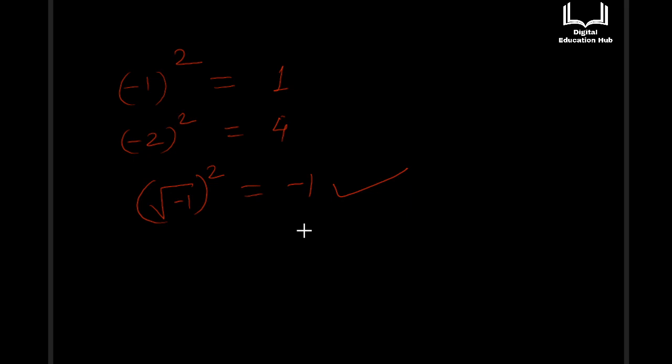Here you can see that with this complex number, the square of this imaginary term i, since root of -1 is equal to i, therefore i square is equal to -1, correct?